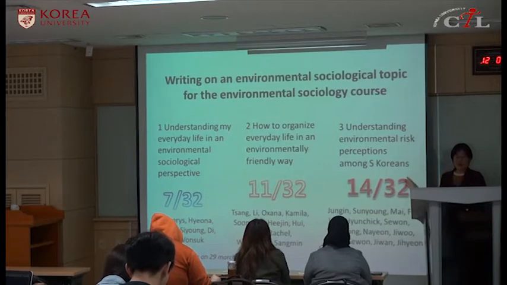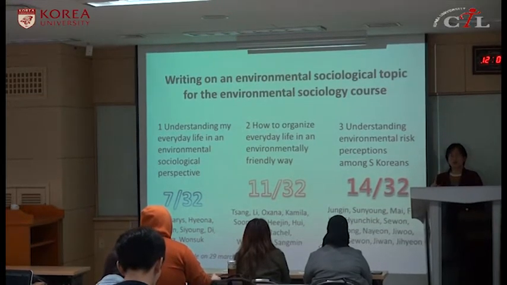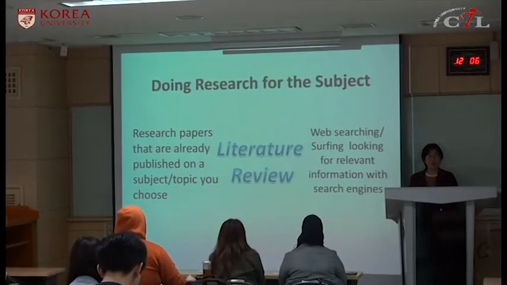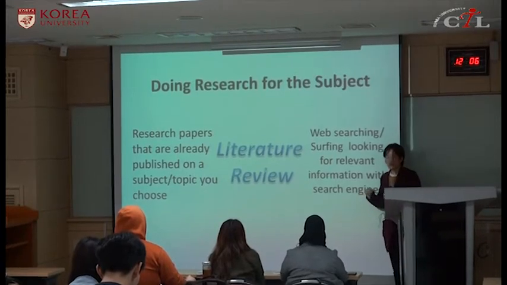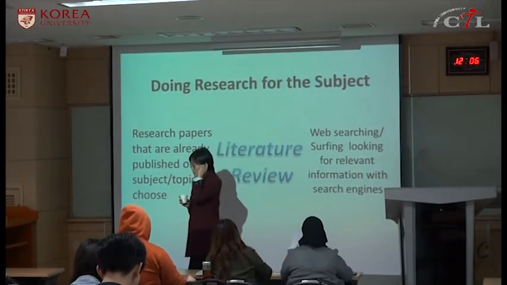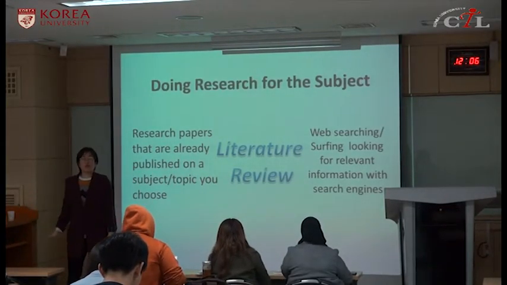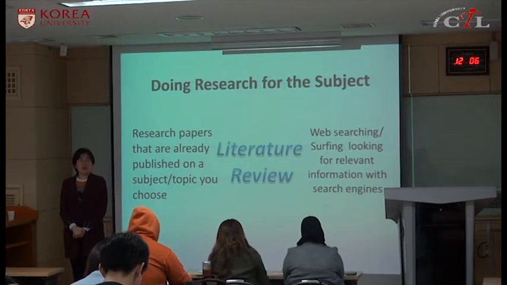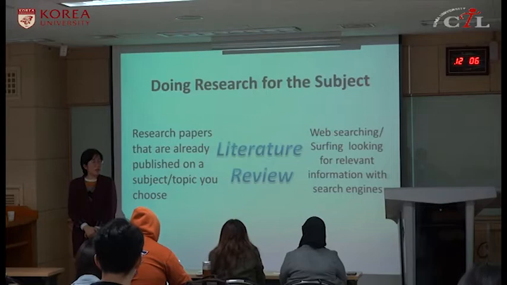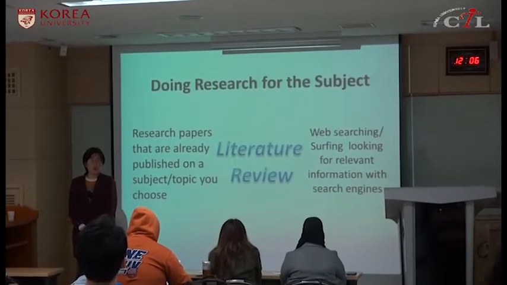Okay, the second essay is a lot longer than the first summary essay, which is 3,000 words. To do research, you have to do some literature review. What is literature? Literature is the bibliography or references that are already published in a journal or somewhere.